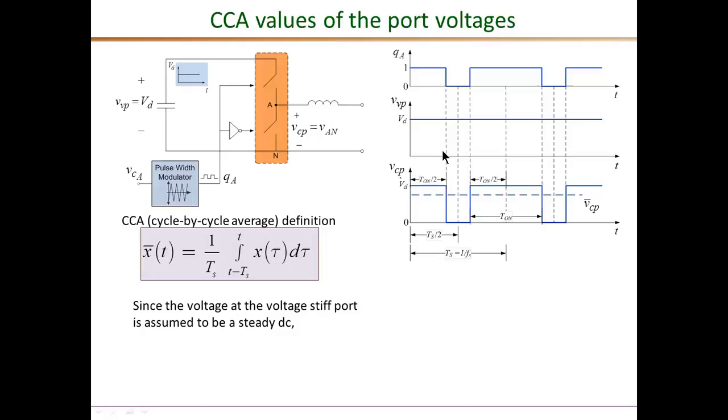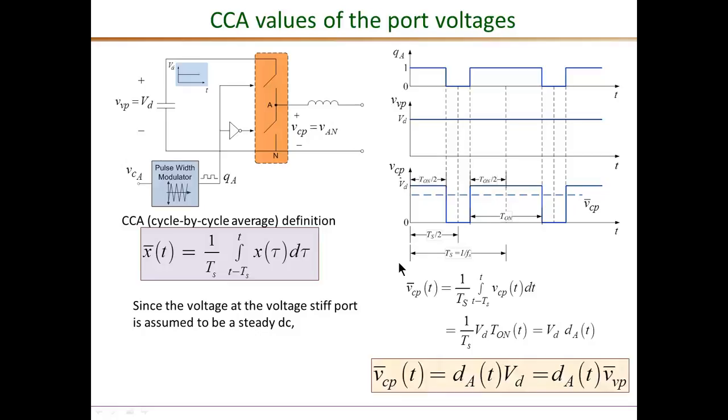It is VD when Q is 1 and it is 0 when Q is 0. We already derived its average. This is simply VAN. We derived earlier that it is VD times D of t. So one of the two equations to derive the complete model that we are looking for is the voltage equation, which says the VCP average is D times VVP average.